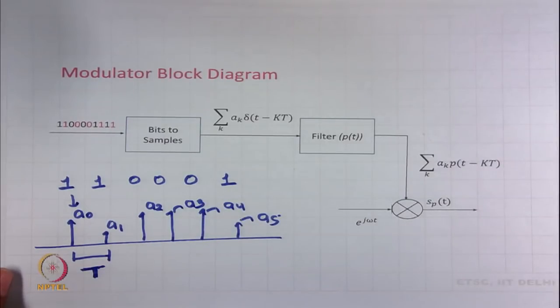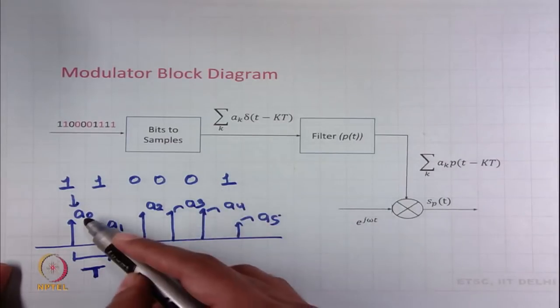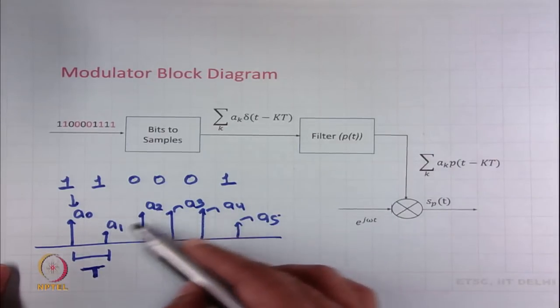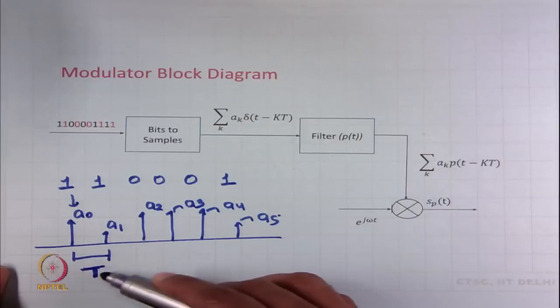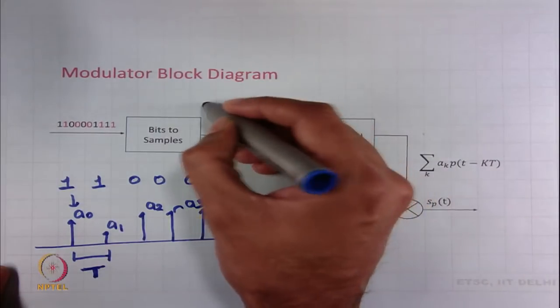We will see a lot about this later on, but at this point the only thing that I am emphasizing is that these binary sequences are mapped to some numbers, and these numbers decide the weights of the impulses in the impulse train, and these impulses are separated with, let us say, a duration of t seconds. So, this is what we have.